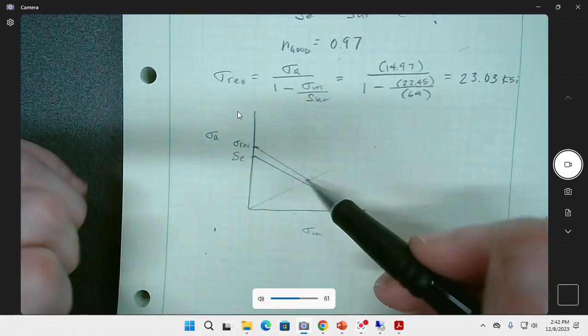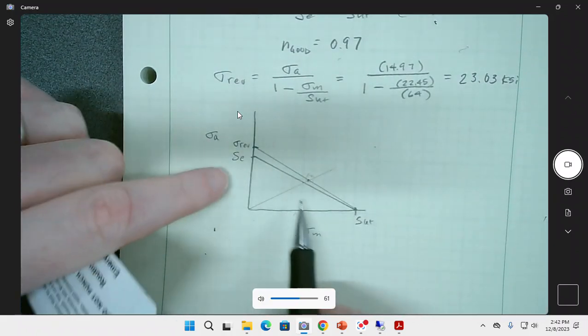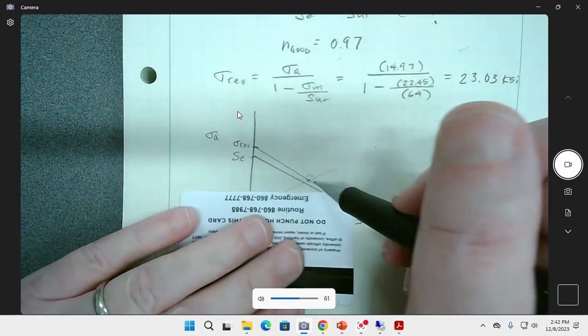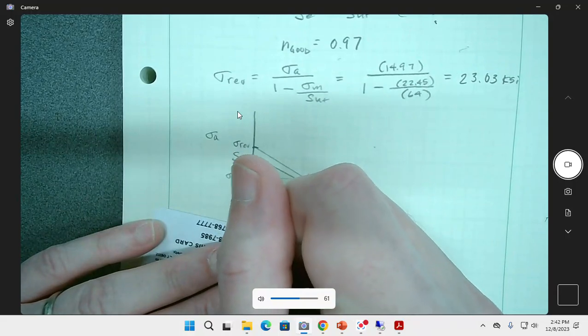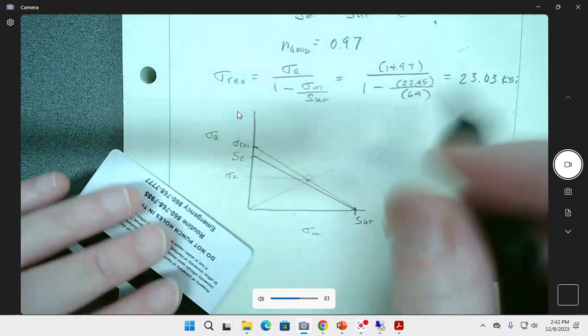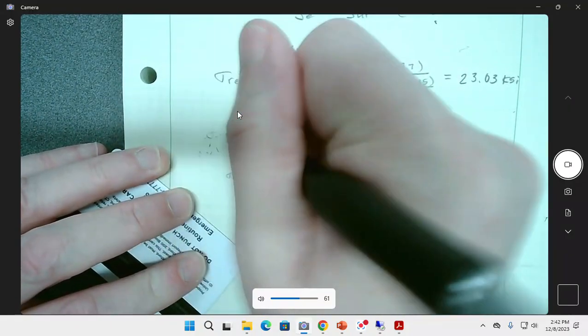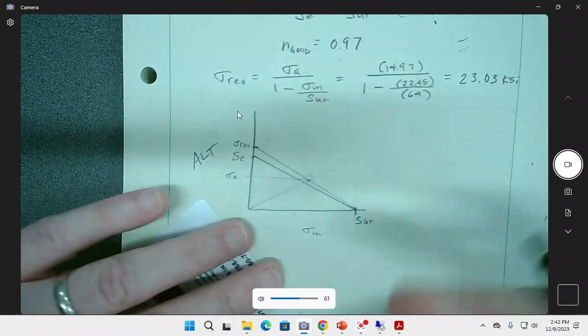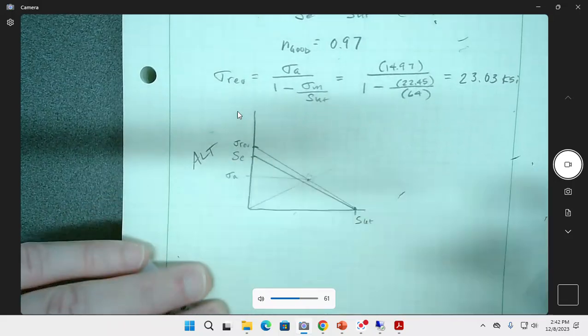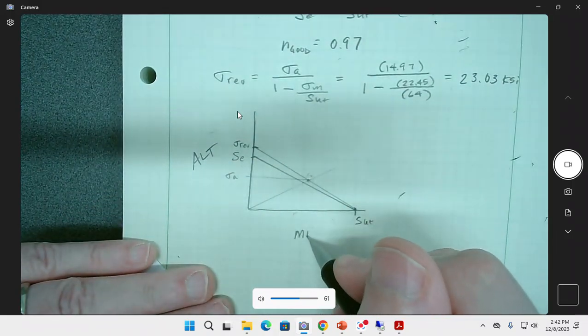So this dot right here is a combination of our alternating and mean. It's kind of weird to have two different labels for the same thing. Let's call this alternating, and let's call this mean or mid-range.